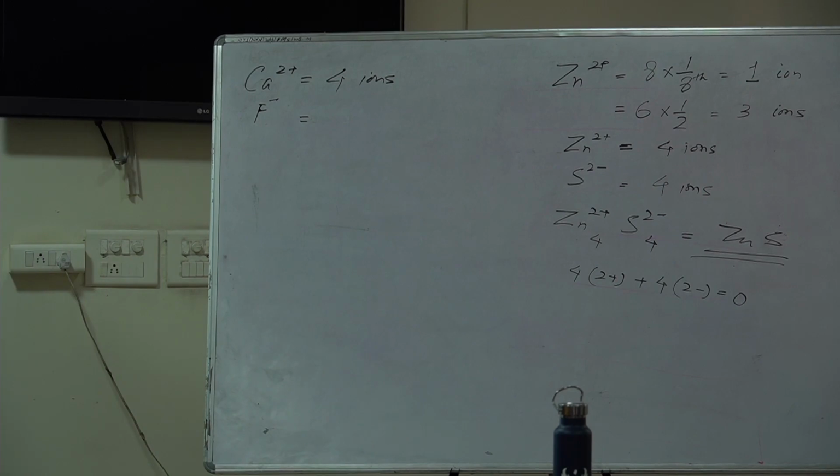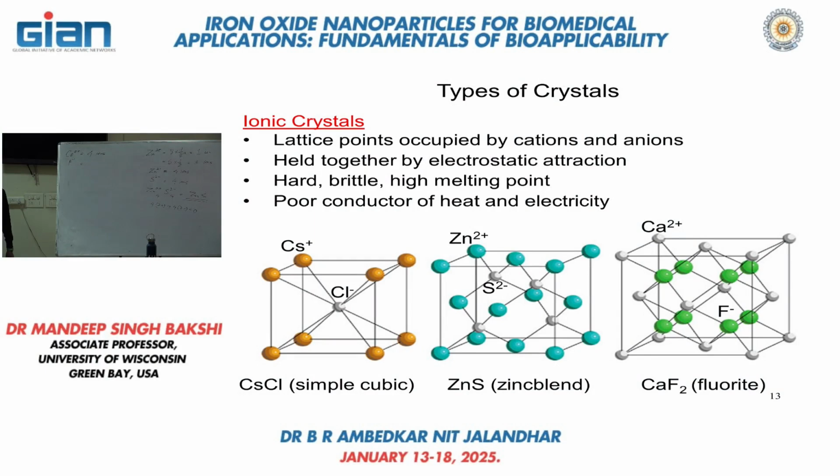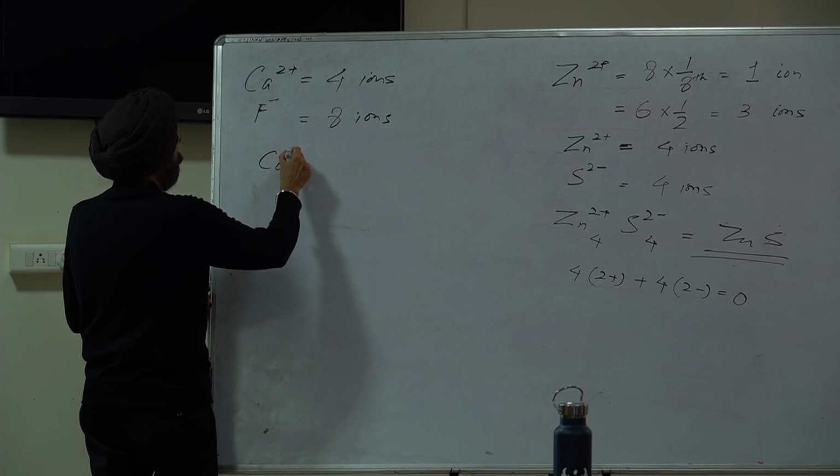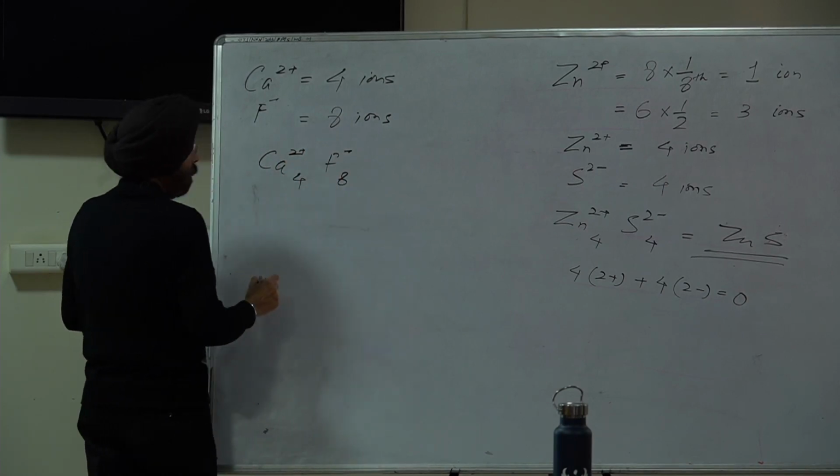And what is the geometry for the fluoride ion? Tetrahedral again, right? So therefore, inside the cubic structure, you will say there are 8 ions. So I can say calcium 4, fluoride 8.